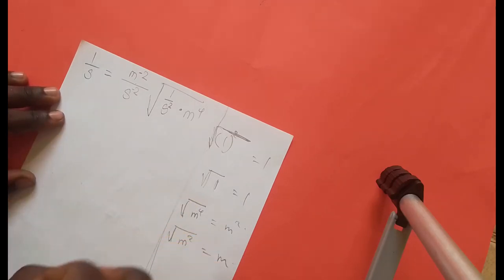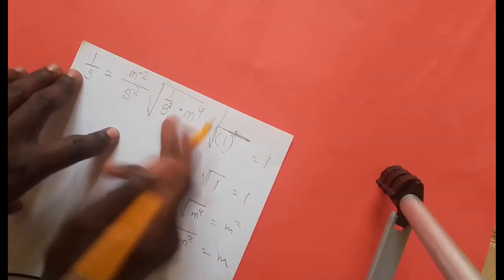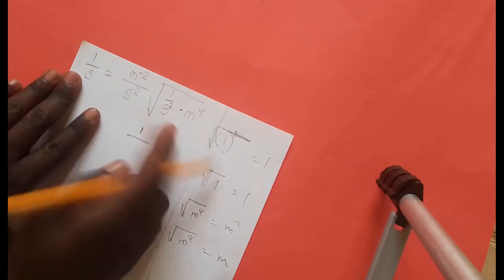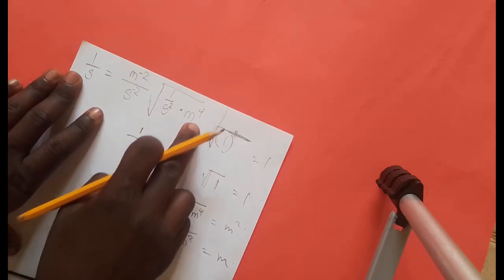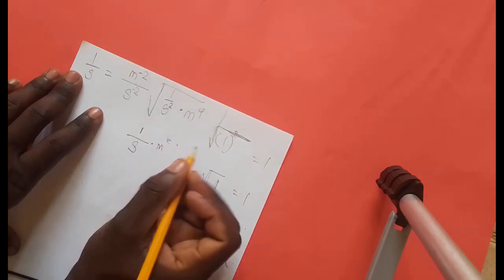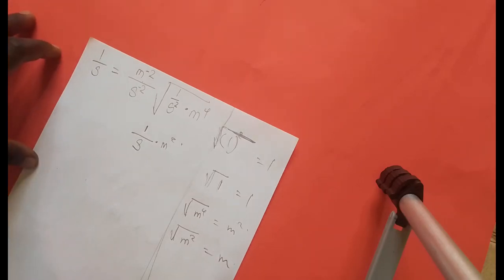So for the moment we are concentrating on what is under the root sign. What is the square root of 1? It is 1. Over what is the square root of s squared? The square root of s squared is s. What is the square root of m to the power 4? The square root of m to the power 4 is m to the power 2, right? Then we've now gotten rid of the root sign, right?